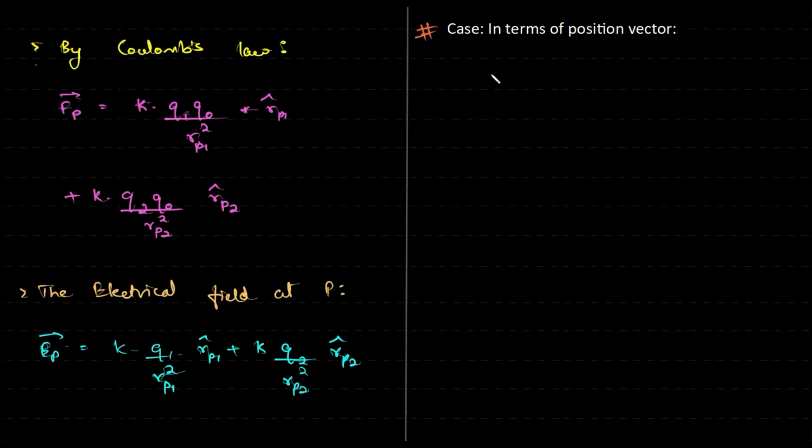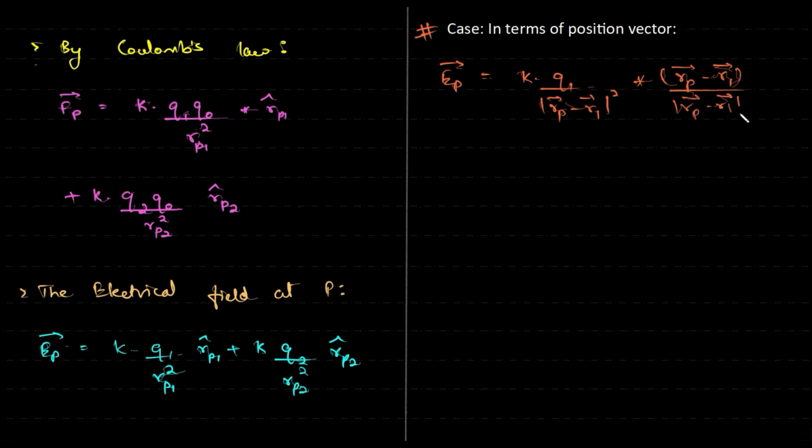Enjoy it. Now, in terms of position vectors, same pattern. There's nothing else. So K Q1 by RP minus R1, the magnitude squared. And the unit vector we need to write as the vector divided by its magnitude, right?